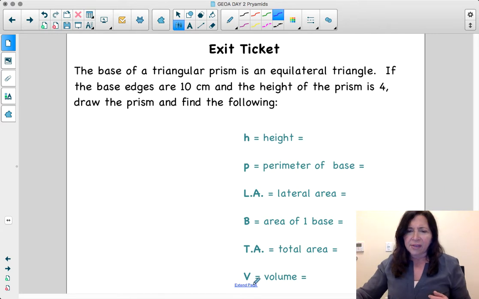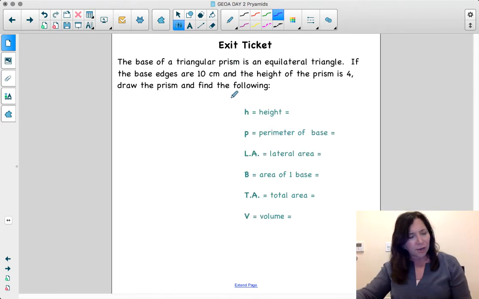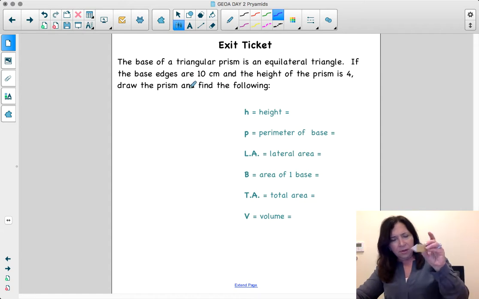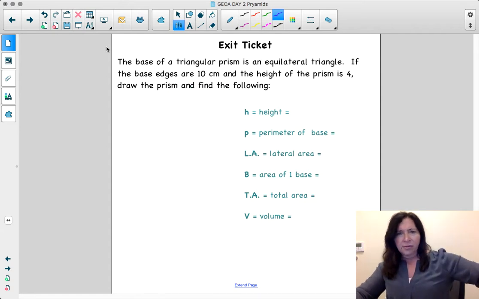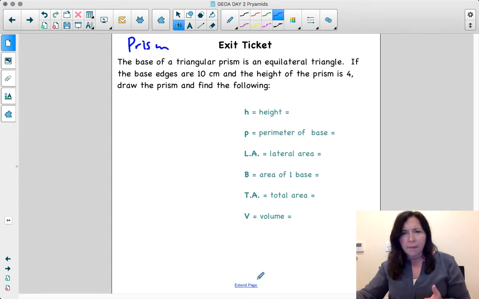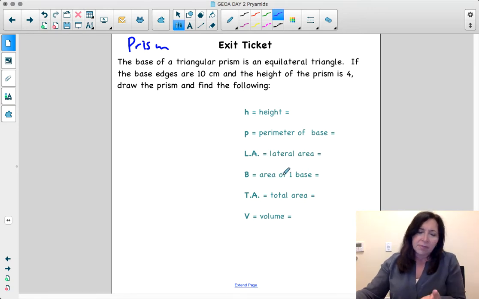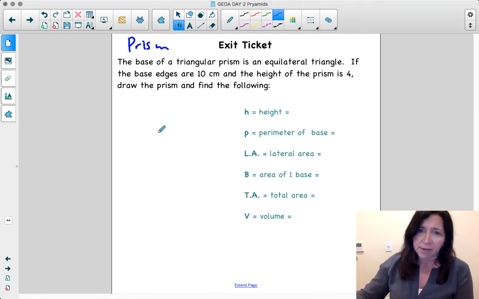So just as an exit ticket, I would like you to try to draw a triangular prism. That's what this is. Okay, so this one is a prism, and the second page is a pyramid. Your job is to stop the video, do the exit ticket, and make sure you have all the answers correct by restarting the video and checking your answers.